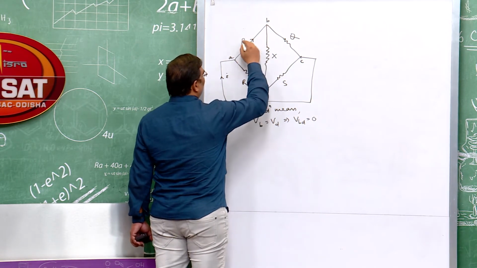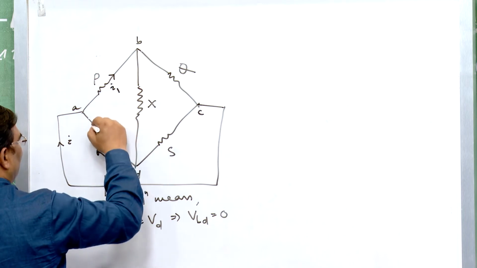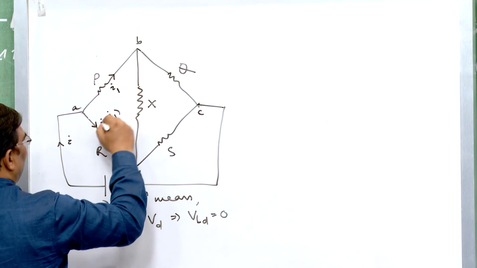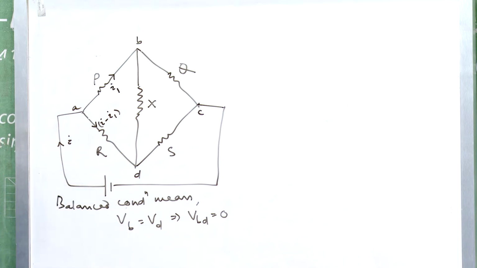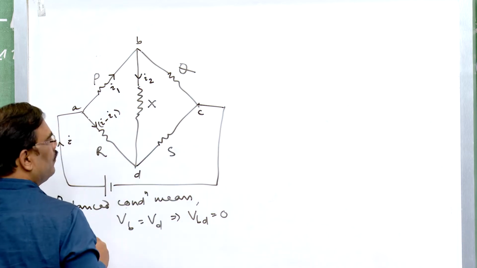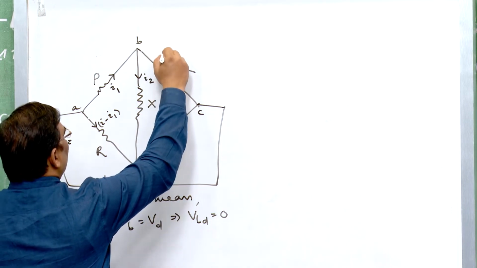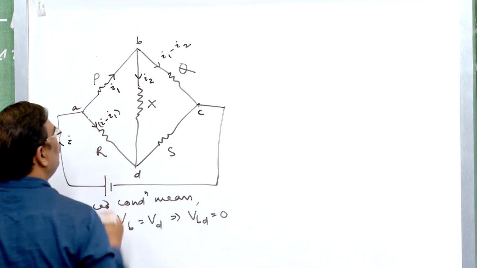If the branch P has a current of I1, then this will obviously be I minus I1 by using Kirchhoff's first law or the junction law. And similarly, let this be I2 and this will obviously be I1 minus I2.